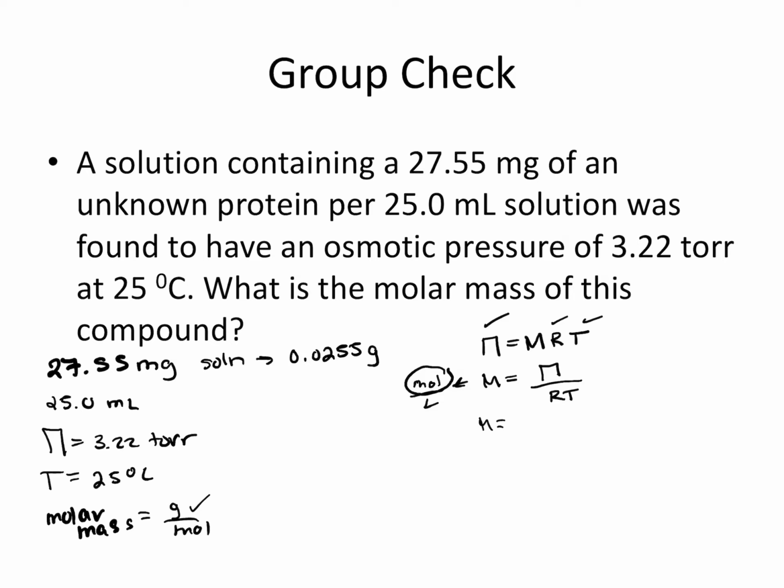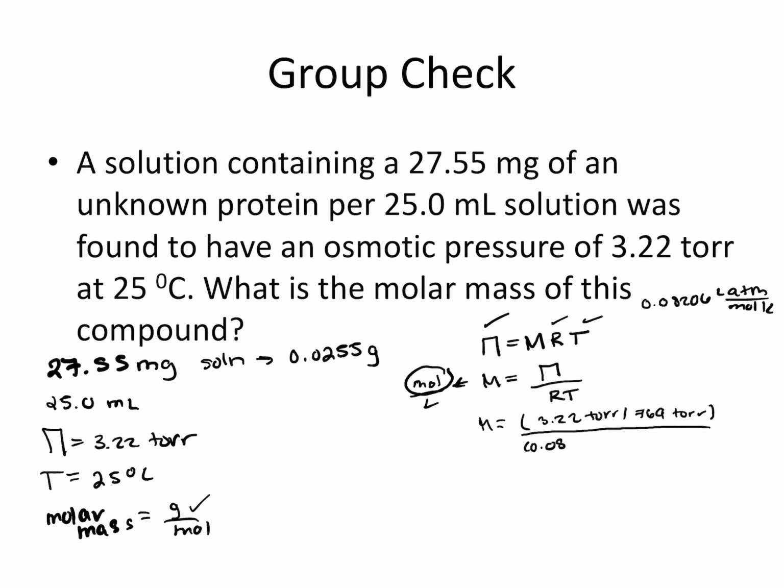All right, so I kind of have a process now. Since I'm given my pressure, my R constant, and my temperature, I can isolate for molarity. So I'm going to do that first. What R am I going to use? Since I have torr, I'm going to use 0.08206 liters atmospheres over mole Kelvin. What do I have to do first before plugging it in? Or you can plug it in together, but what do I need to be aware of?